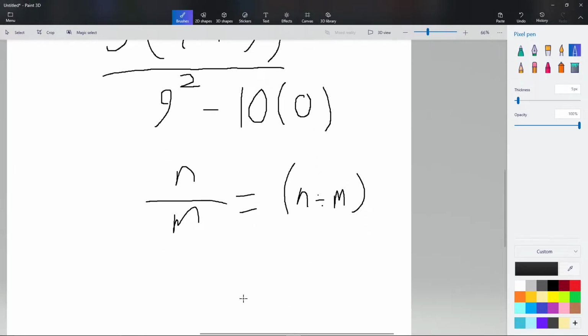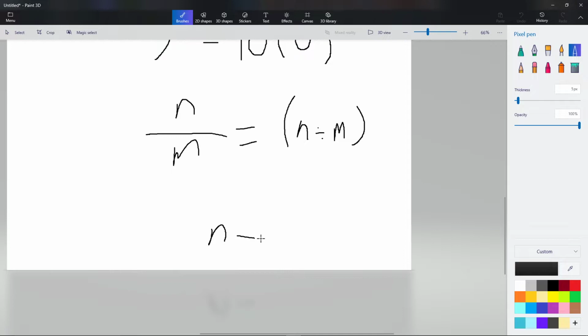Note that this right here, n divided by m, is not the same as this. They are not the same problem. They are completely different. This is why it's important to understand this kind of stuff.